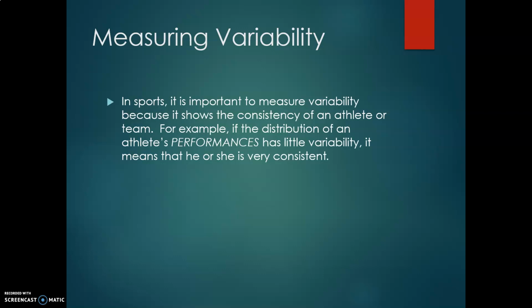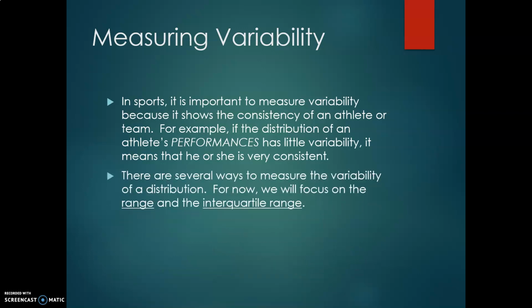Most coaches would rather be able to consistently depend on an athlete to perform at a certain level than the feast or famine guy, who scores 35 in a game or scores 2 in a game because he either misses everything he shoots or makes everything he shoots. Most coaches would much rather have a consistent guy who scores that 10 to 12 points in the middle. As I said earlier, we're going to look at quartiles, the range, and the interquartile range to be able to determine that.